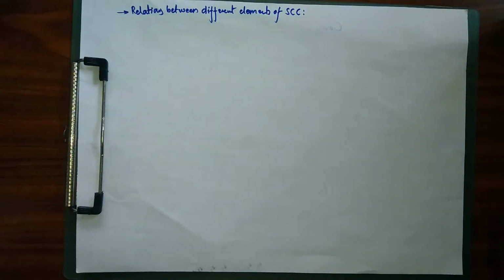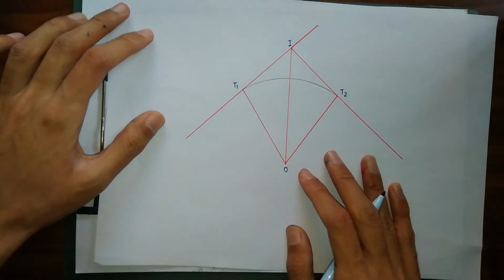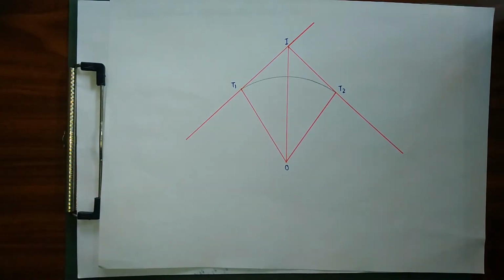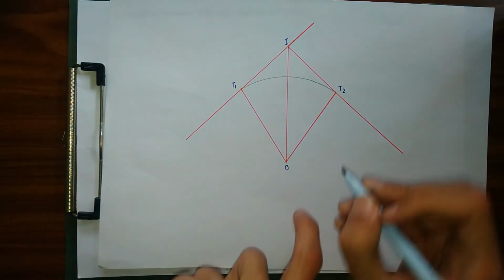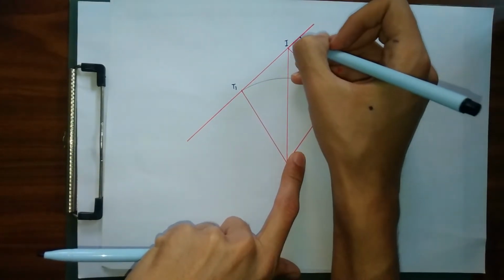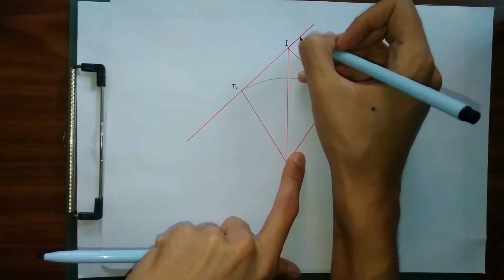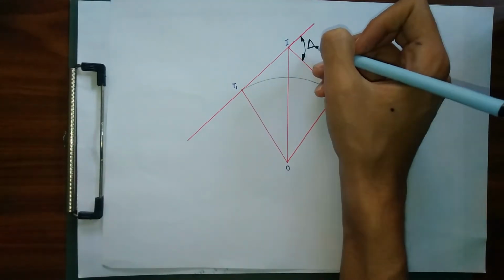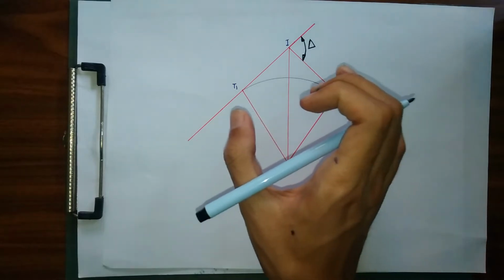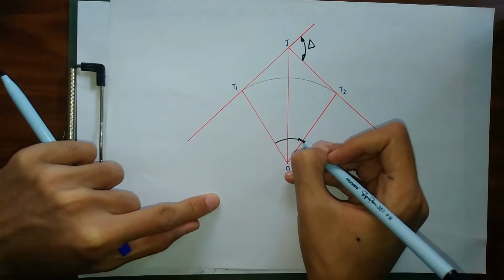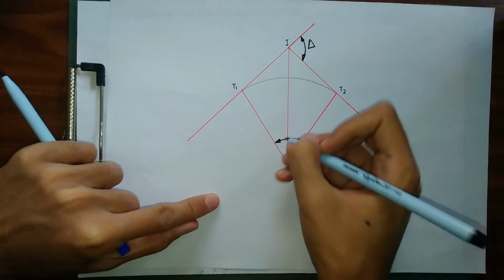So right now I have another simple circular curve over here, and I'm going to list down the properties or those relations one by one. Firstly, I'm going to show my angle of deflection. This is my angle of deflection delta, and the angle T1 over T2 is also going to be equal to delta.